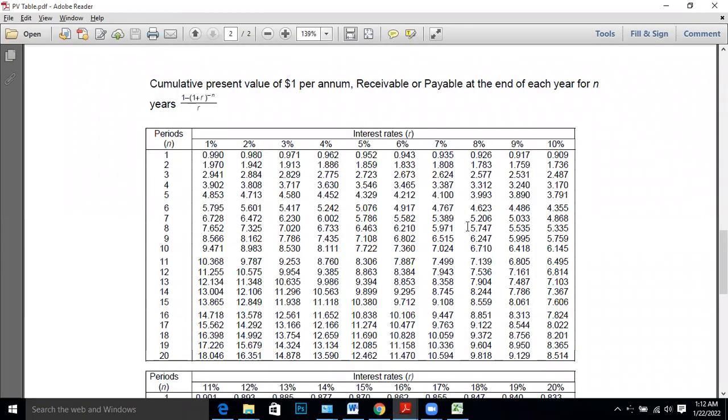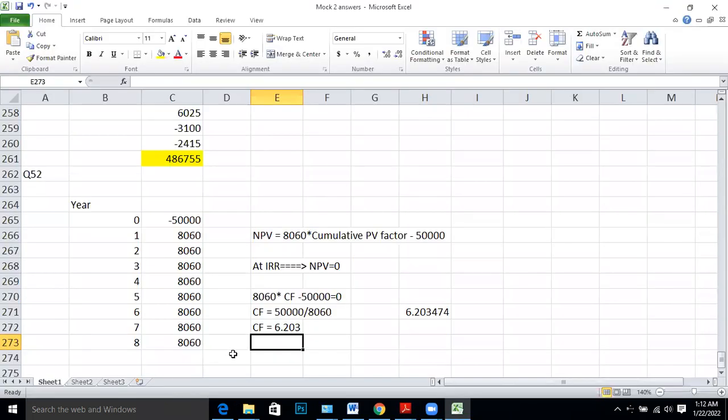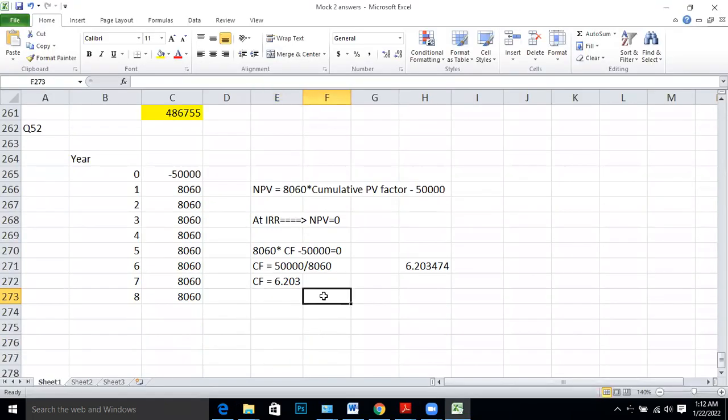The closest value you have here is 6.210, that is for 6%. We have 6.203 and 6.210, that's the closest. They are asking you to give the answer to the closest whole number. So 6% is the answer for that.